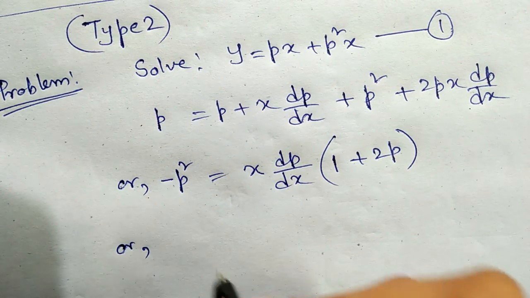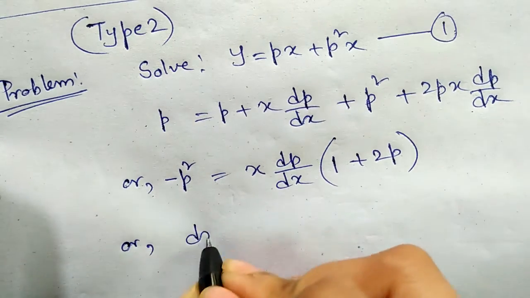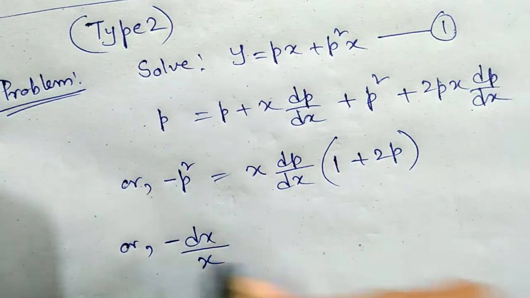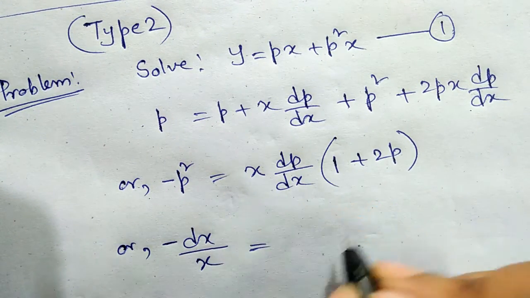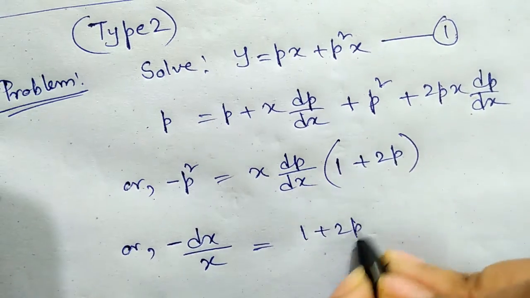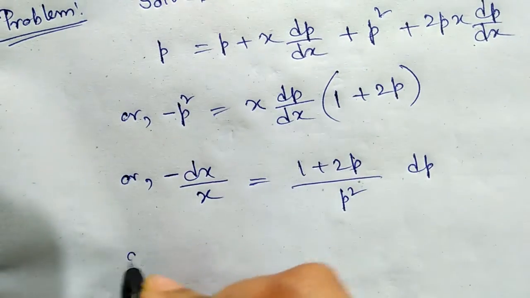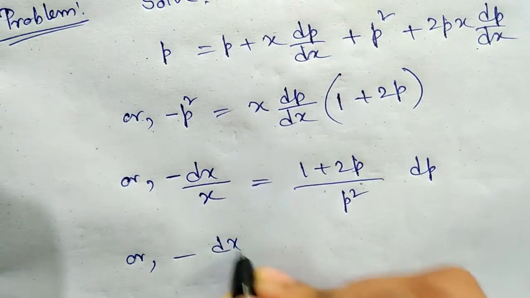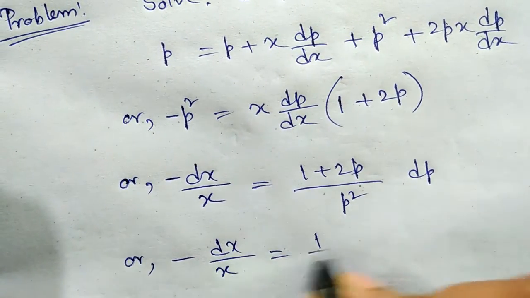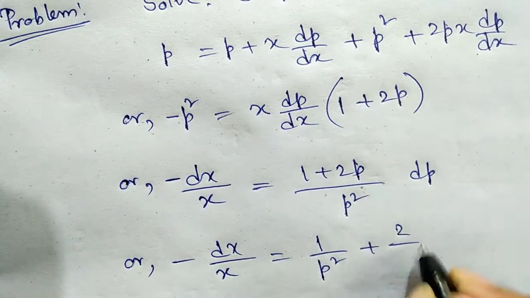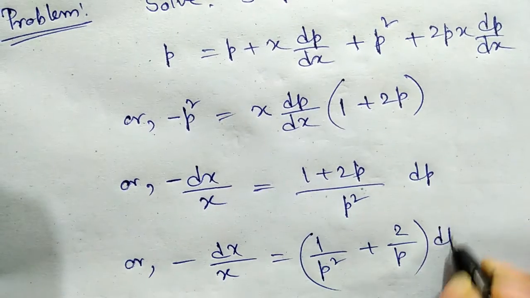Or dx by x equal to minus 1 plus 2p by p square dp, that is minus dx by x equal to 1 by p square plus 2 by p dp.